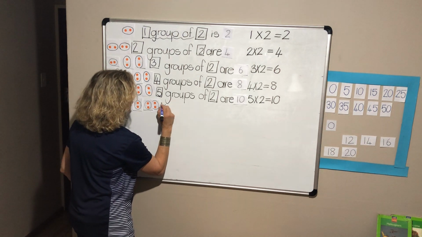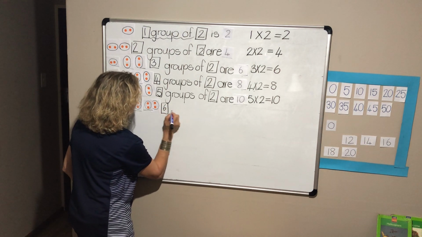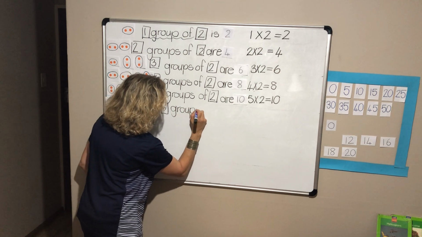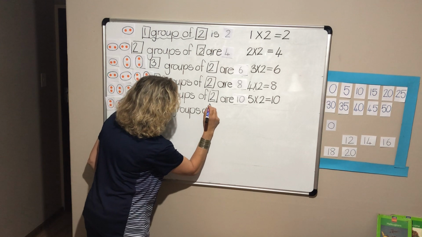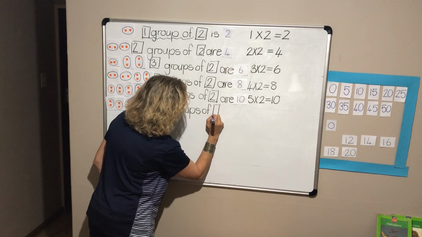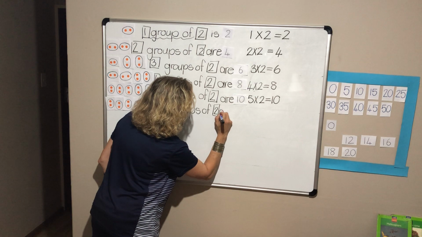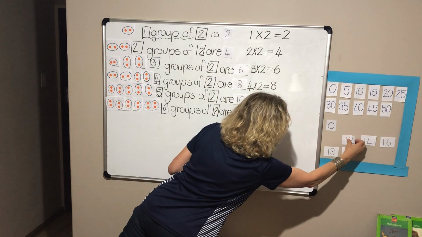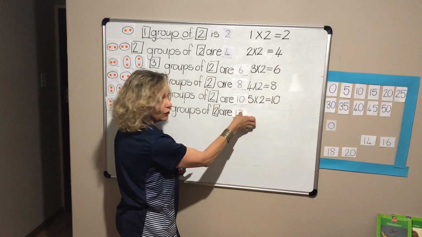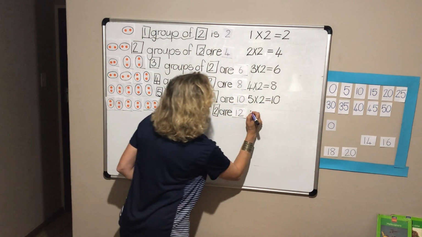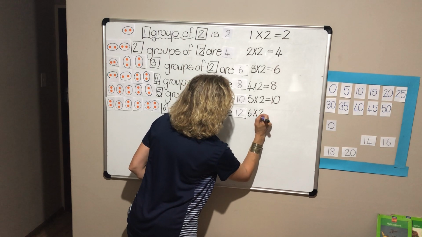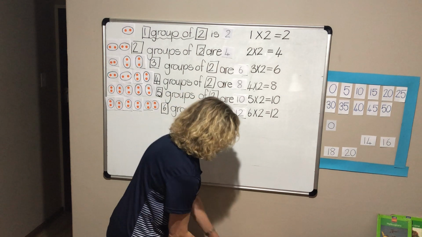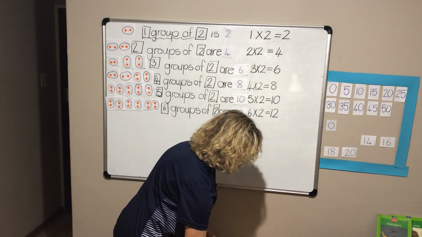Let's write it. 6 groups of 2 are, and let's go and fetch it there, 6 groups of 2 are 12. 6 times 2 equals 12. Okay, let's do the next one.